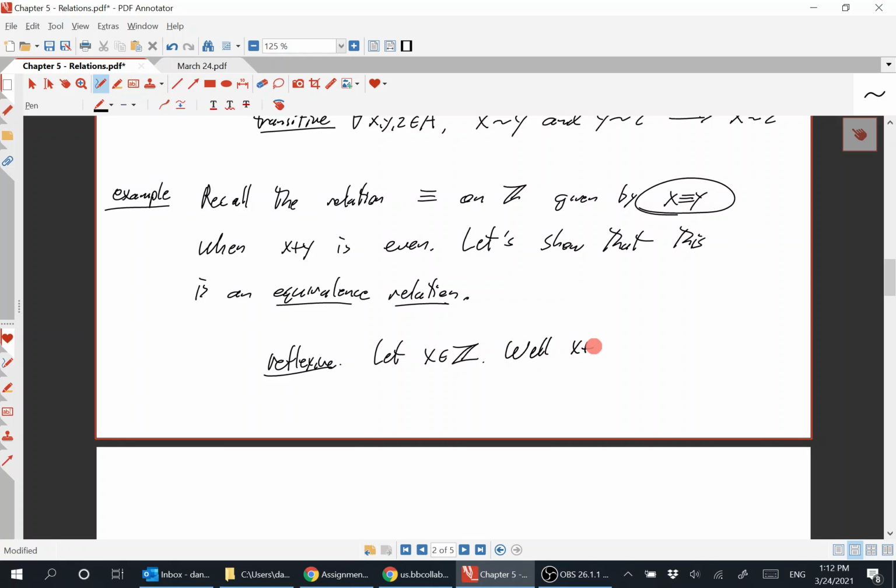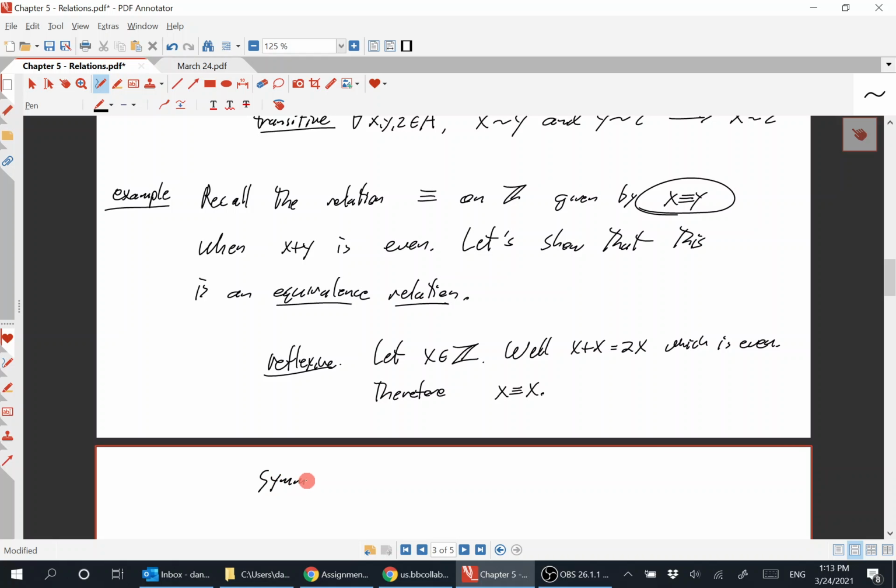Well, x plus x is equal to 2x, which is even. Therefore, x is related to x. The reflexive part is often not difficult, but it still needs to be said.